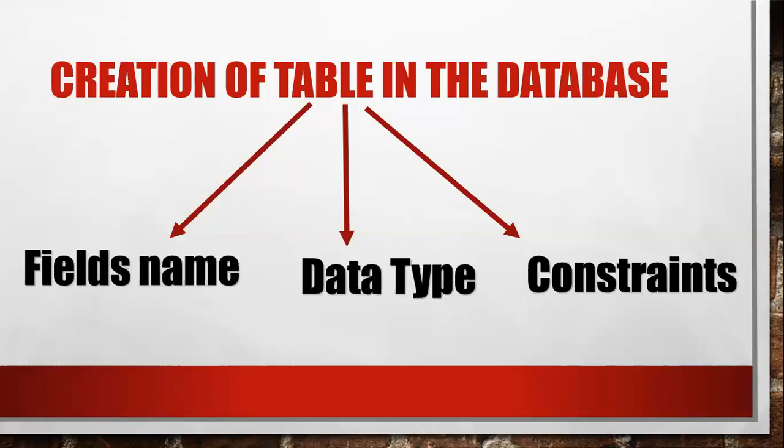In this lecture I am going to explain some more constraints also. So before creation of the table we have to clarify what field names I am going to use in my table, what the data types are for each and every field, and what constraints I am going to impose on those fields.